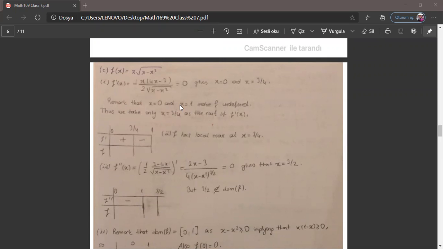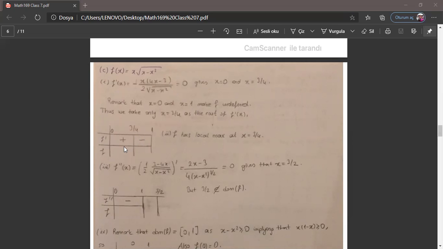They are both in the domain, but here you see they make the function undefined. Another root of f prime is 3/4. There's no problem with this point because the denominator is not 0 when we plug x equals 3/4. So we can take it as a root of f prime, but we will be careful when we have x equals 0 and x equals 1.